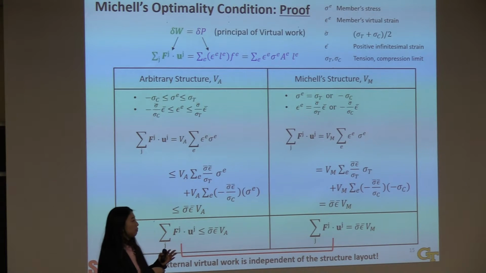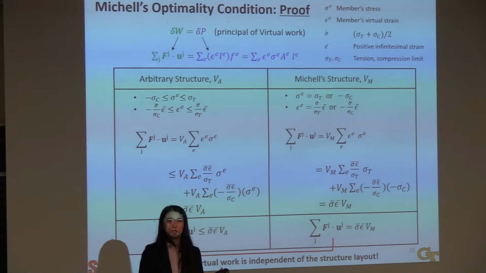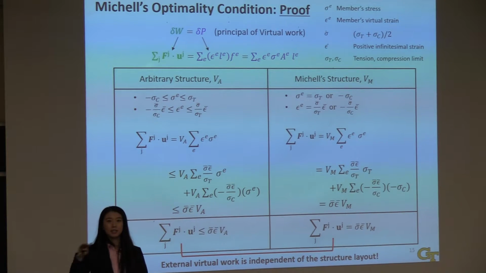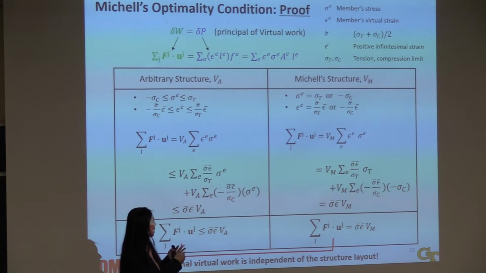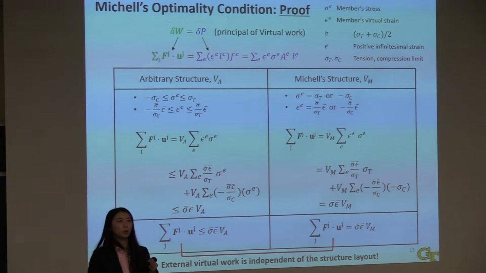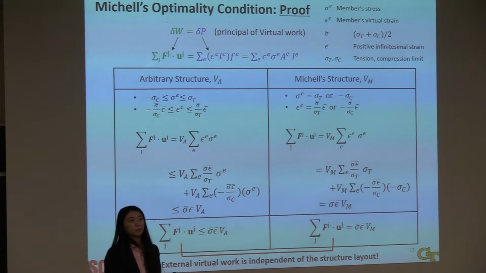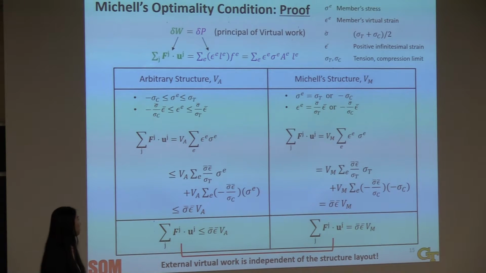But for a structure that satisfies the Michell condition, the stress and strain are equal to their stress and strain limits. If we plug those in, only the Michell truss will achieve this equal relation between the volume times this constant and its external virtual work.